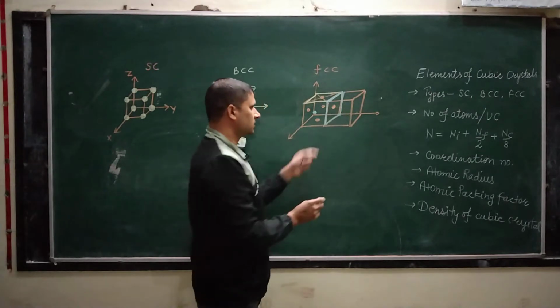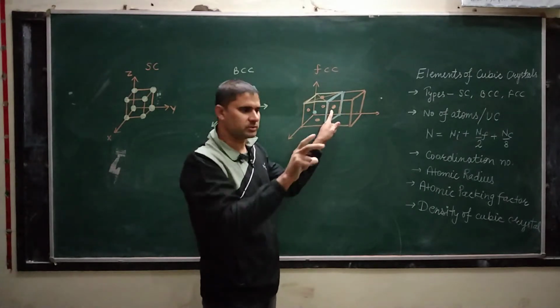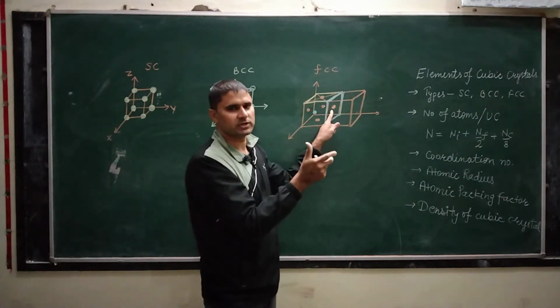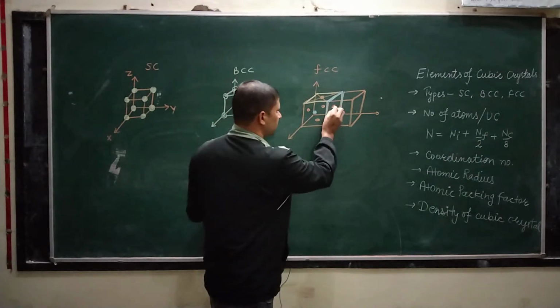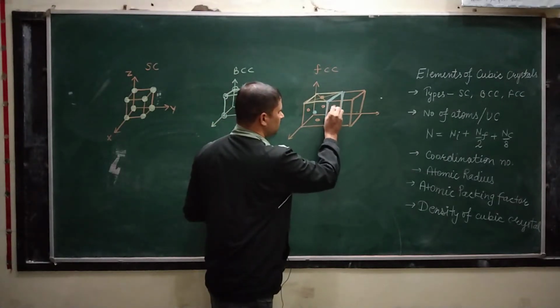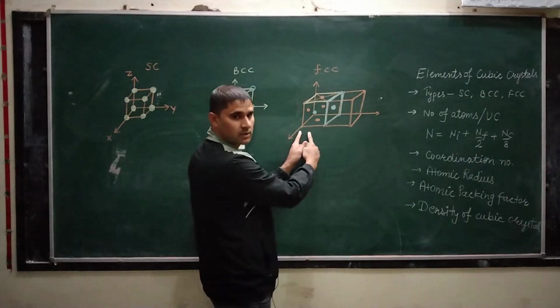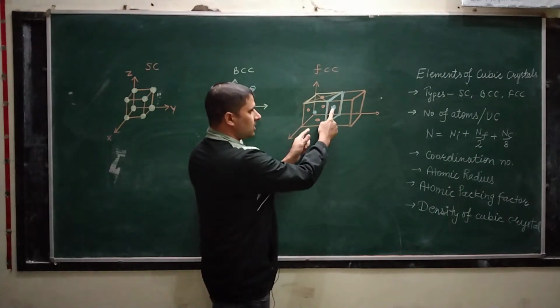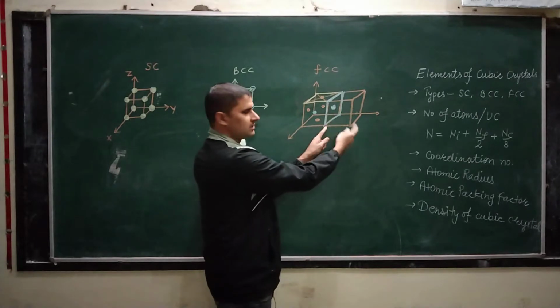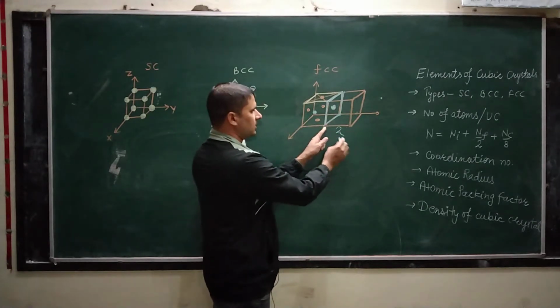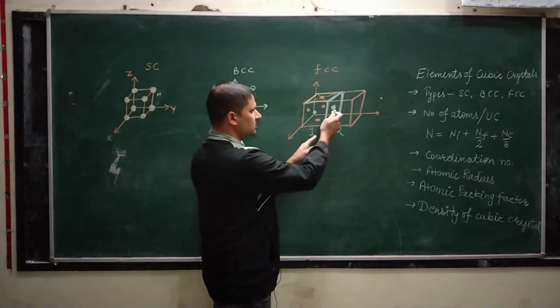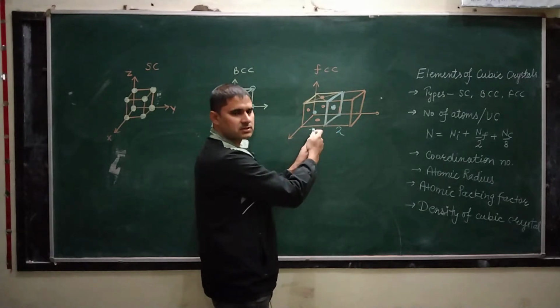the particle, if we assume it to be of spherical size, like a sphere, then this sphere is shared by 2 cells, this one and this one. So I can say half of the sphere is present in this second cell and half of the sphere is present in the first cell.